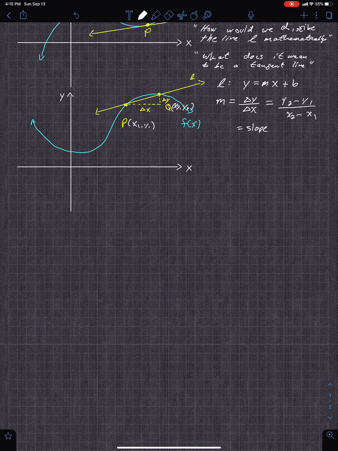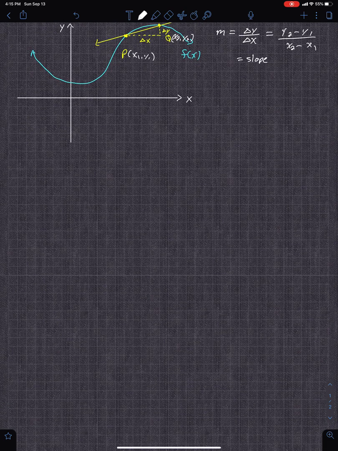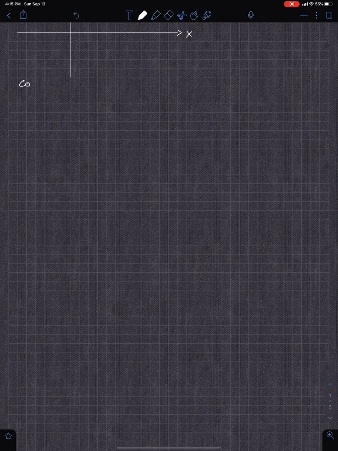So this is how it's defined. This is more of the careful derivation, I guess you could say. So consider the point on the curve. You could call it curve C, and the function defines the curve.